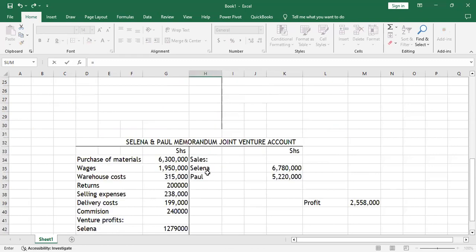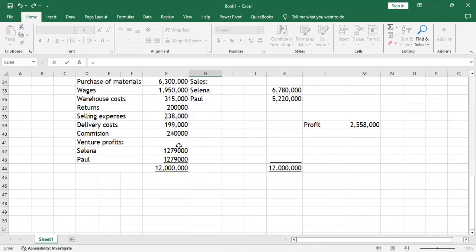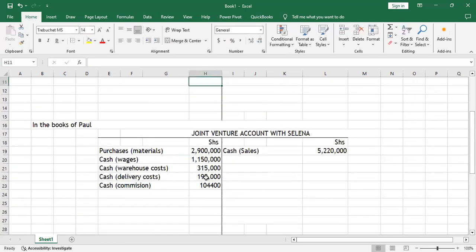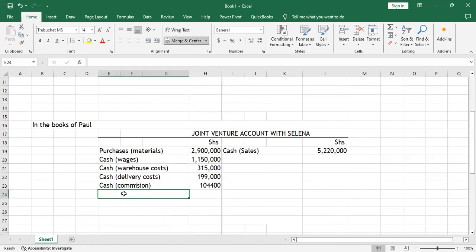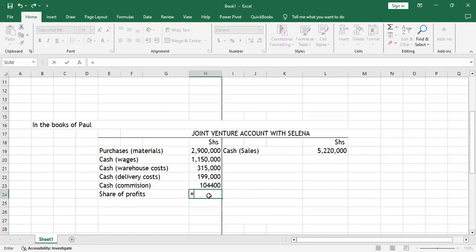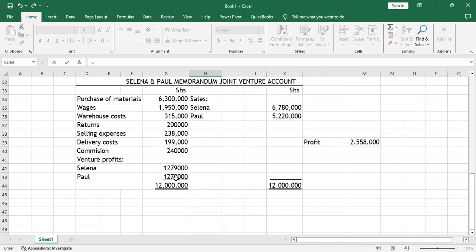These profits, you transfer them from the memorandum joint venture account, you copy them and paste them there. Then you also go to the joint venture account with Selena in the books of Paul. You write share of profits. How much is the share of profits?